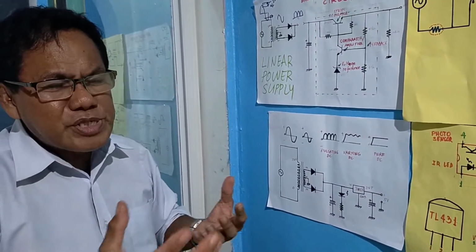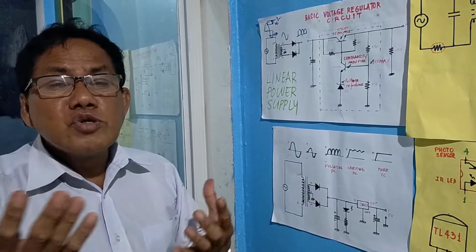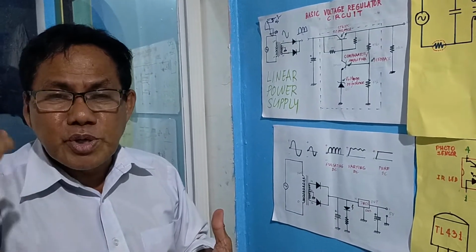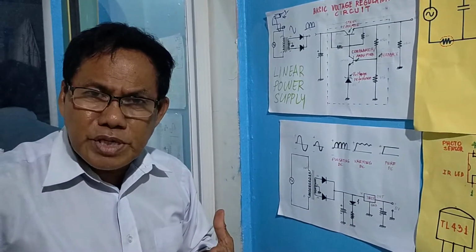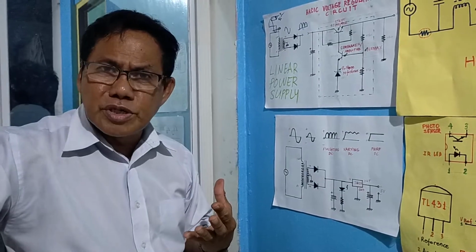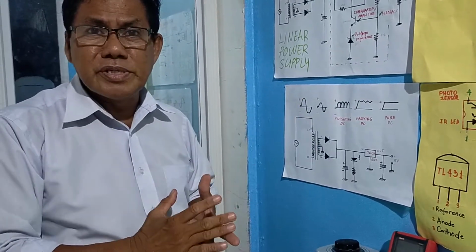Because frequencies ranging from 20 Hz to 20 kHz are audio frequency, which are audible to the human ears. Beyond that frequency is ultrasonic frequency, can no longer be heard. But 20 Hz below can no longer be heard also by the human ears.